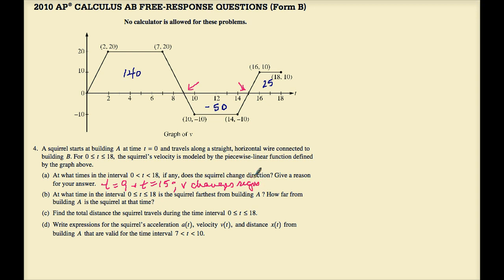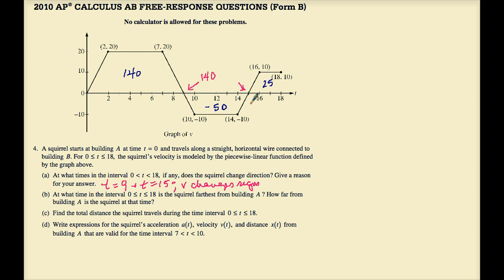Letter B states, at what time in the interval 0 less than or equal to t less than or equal to 18 is the squirrel farthest from building A, and how far from building A is the squirrel at that time? Let's use these areas to determine the squirrel's position from the building. At time t equals 9, the squirrel was at position 140. But then he changed directions and went 50 units to the left.